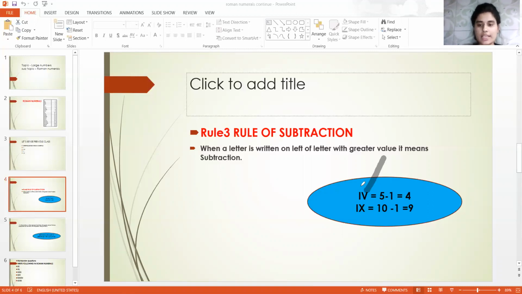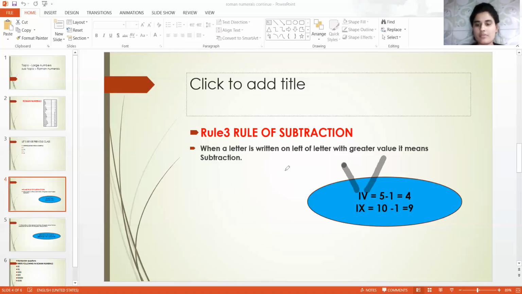The smaller symbol is on the left side, so we just subtract the smaller from the greater.